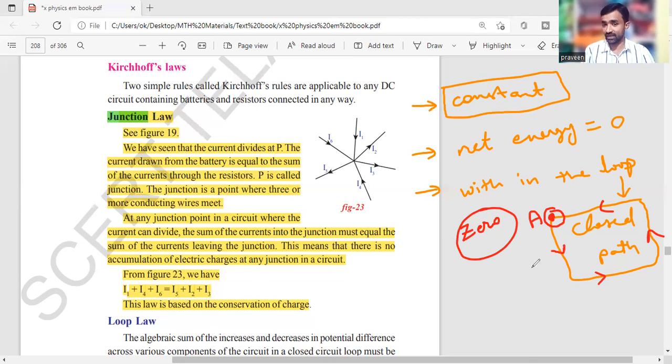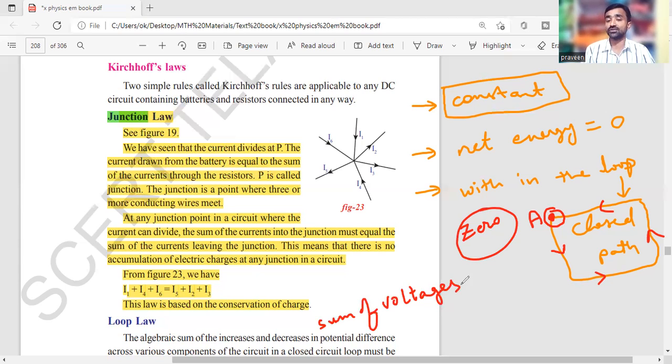That energy will be zero. Somewhere it may appear to increase or somewhere it may appear to decrease, so that the sum of the increased and decreased energy is called voltages here.